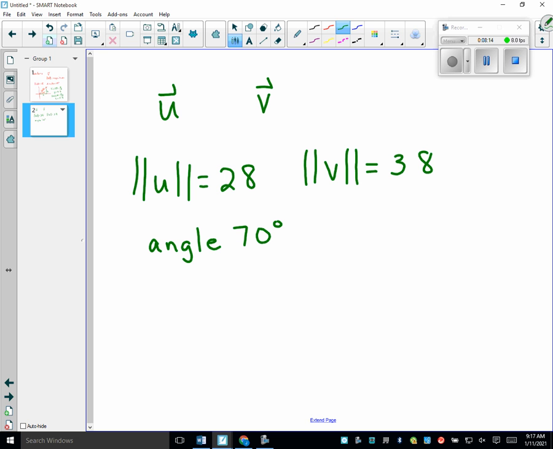Okay? Now, what you need to know, first of all, is vector v is always on the horizon. What is horizon? Isn't the horizon always this way? I've not heard horizon in math before.